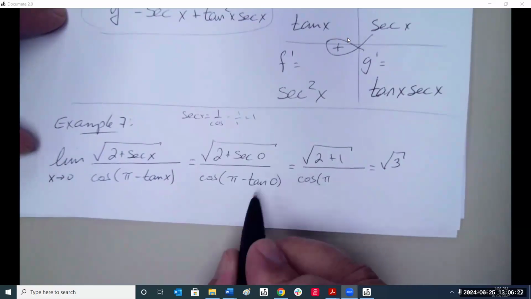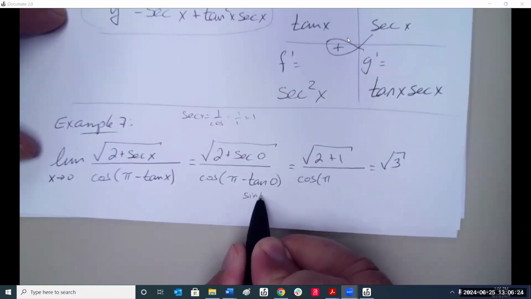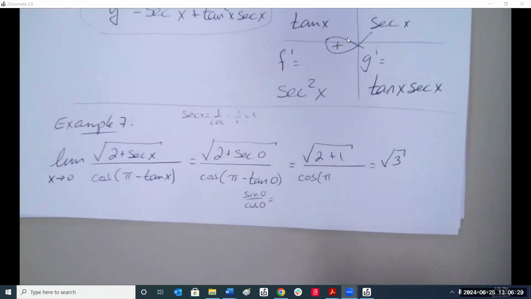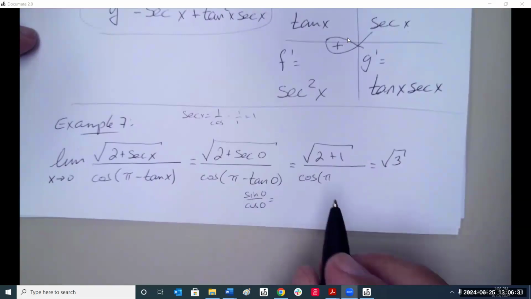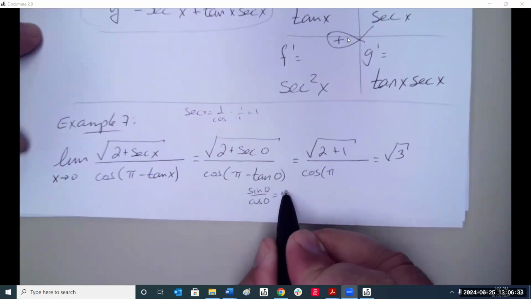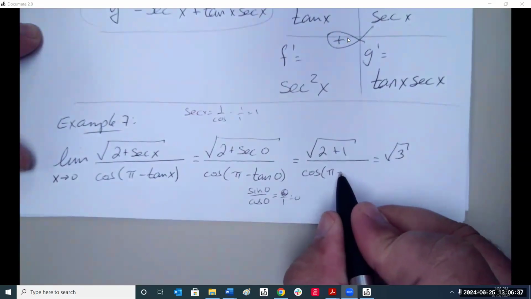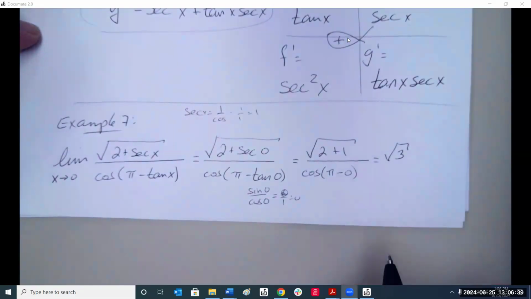Tangent at 0. Tangent is sine of 0 over cosine of 0. What is sine at 0? 0. What is cosine at 0? 1. So it's 0. So it's minus 0.